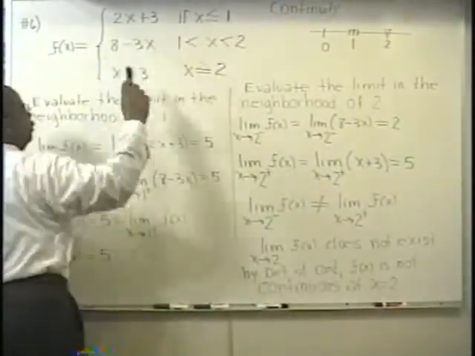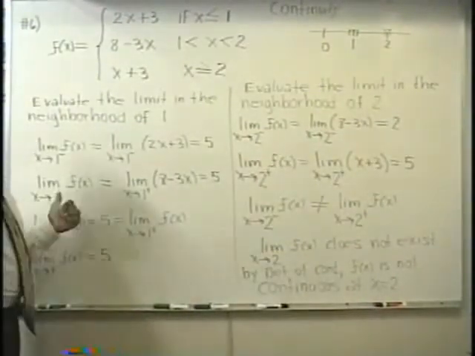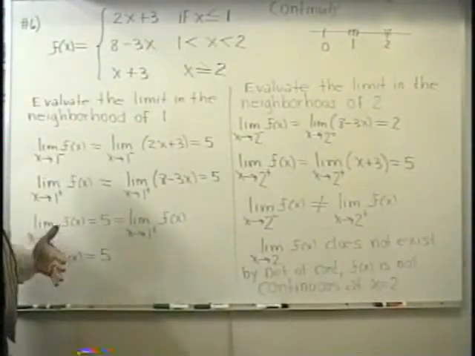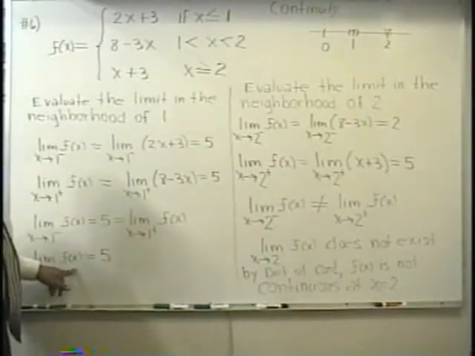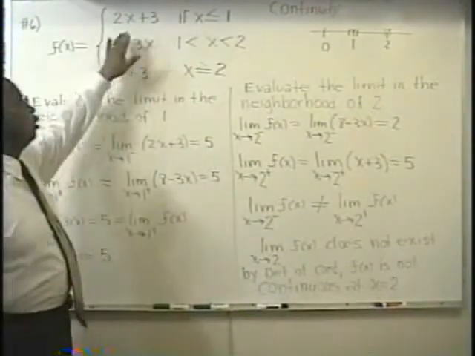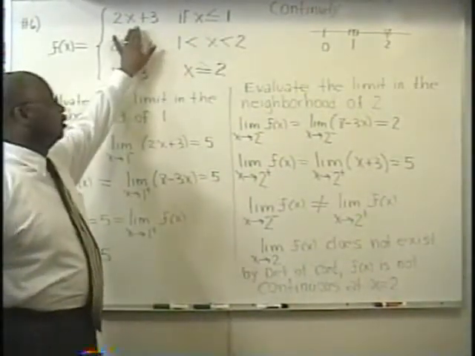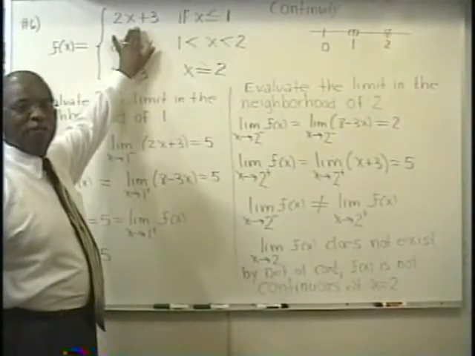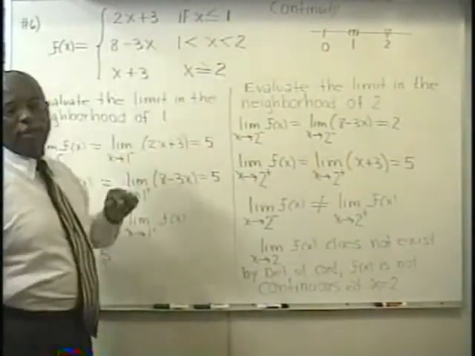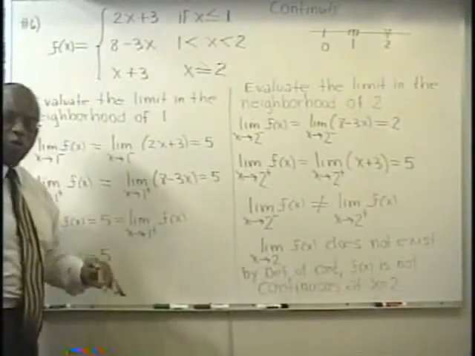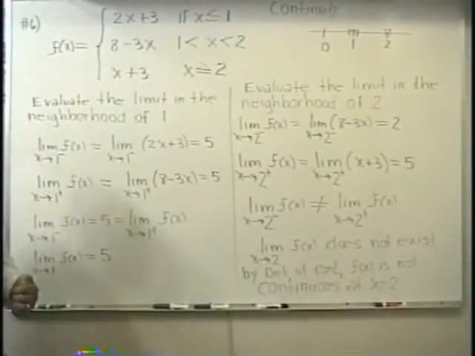When x is 1, that's also 5. So it exists. It meets criteria number 3, the limit of the function is also equal to where it's defined. And at x equals 1, the function is 5. So at 1, this is continuous. It meets all 3 criteria of the definition of continuity.